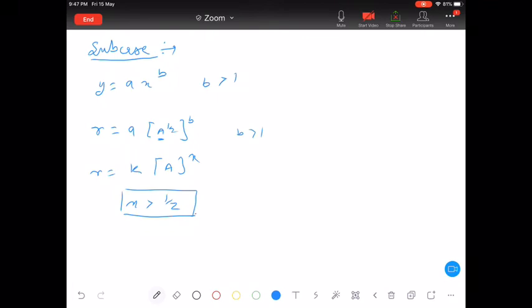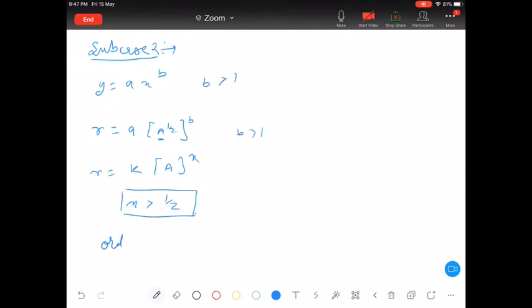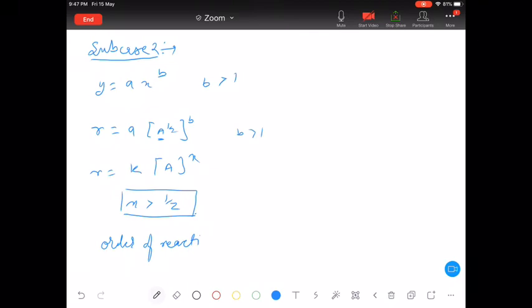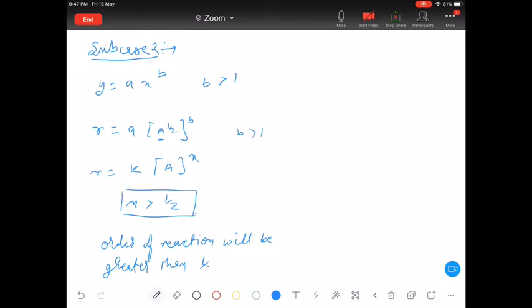So in sub case 2, we can confirm that the order of reaction will be greater than 1 by 2, and case 4 itself says that the order is less than 1.